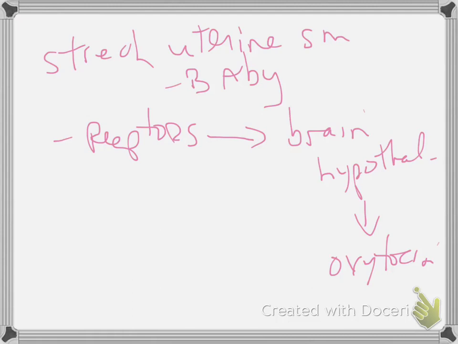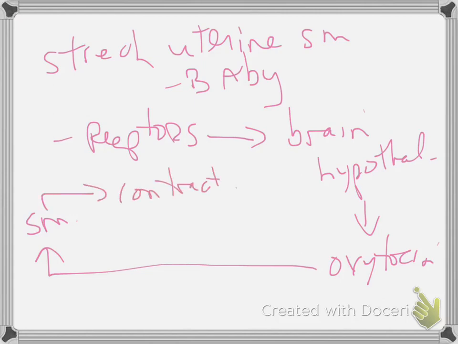That then, which is released, then binds to receptors on the smooth muscle of the uterus, which triggers contraction of the uterus, which starts to move the baby out. Well, the movement of that baby out causes additional stretch on the uterine smooth muscle. It activates those receptors, sends a signal to the hypothalamus, releases more oxytocin, which binds to receptors on the smooth muscle, which signals more contraction of that uterine muscle.